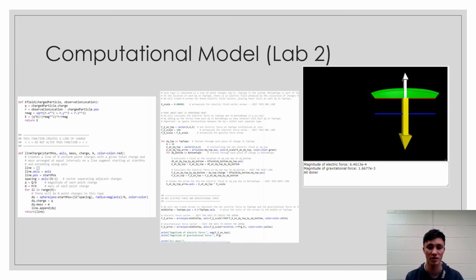So as far as the computational model goes for Lab 2, you can see here a lot of the code, and basically what it does is it assumes that the tape is a string of 100 point charges, and it finds the electric field from each of those point charges and how they act on each other. I first used the charge from Lab 1 to assume the charge of the tape, but as you can see in the picture, the electric force was less than the gravitational force, which is not what it actually is in real life, because the electric force and gravitational force must cancel for the tape to be in equilibrium.